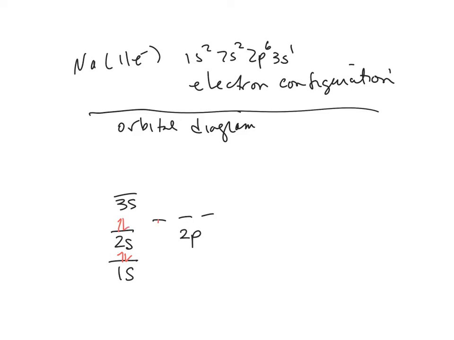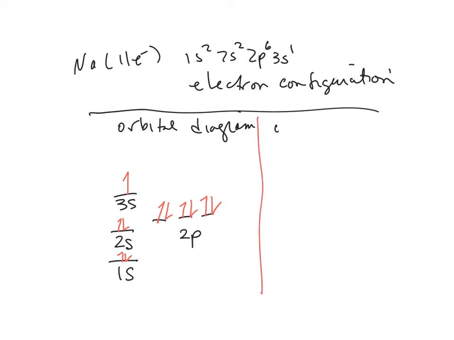Then Hund's rule says that if you're filling electrons into a subshell that has more than one orbital, then you're going to fill across first, and then you're going to come back. So you got 2, 4, 5, 6, 7, and then you come back 8, 9, 10, 11, like that. So that's the orbital diagram.